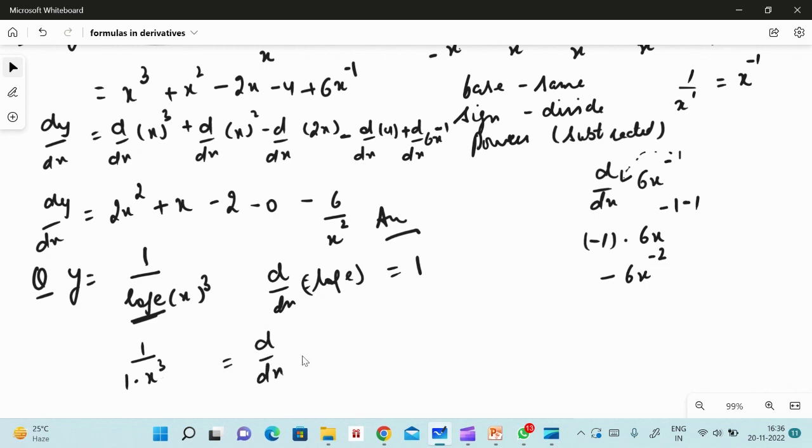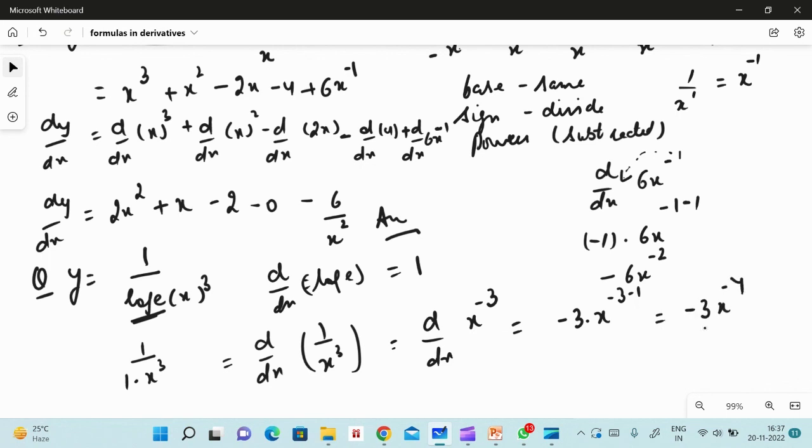Then I will take the derivative of 1 upon x cube, or the derivative of x power minus 3. Clear? So in this case it is minus 3 into x power minus 3 minus 1, which is minus 3 into x power minus 4, or I can write minus 3 upon x power 4. So we can solve it in n number of ways by using these basic simple formulas. In the next video, I will cover other basic formulas of derivatives.